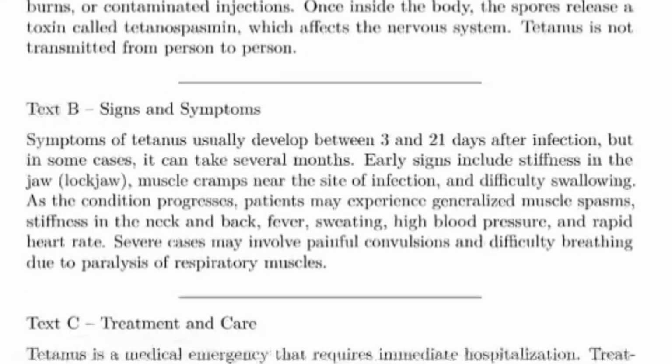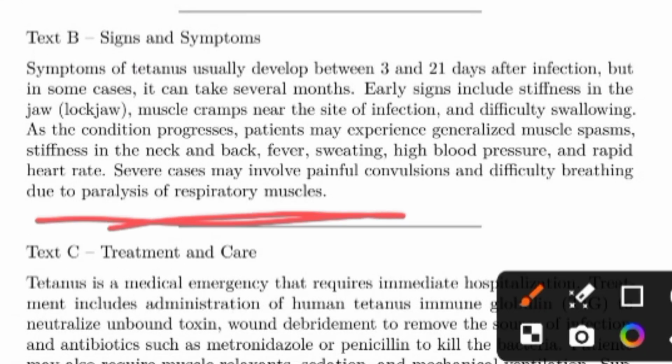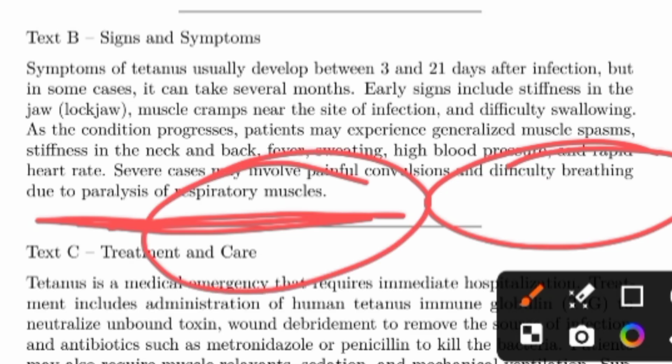Here it is mentioned in part B that the main cause is breathing difficulty and our respiratory muscles will be affected. So the answer is respiratory. Respiratory muscles will be affected.